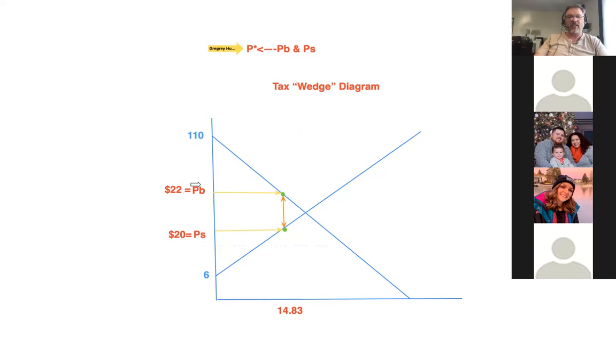But as soon as you introduce a tax, now you have these two different prices. You have the amount the buyer's paying, that's the buyer's price. And then a chunk of that goes to the government. And then what's left over is what the seller actually receives for the good. So now we can go ahead and talk about these different areas.